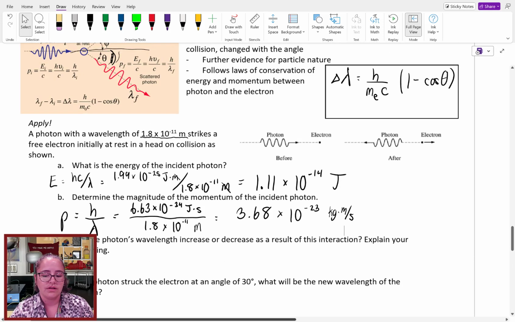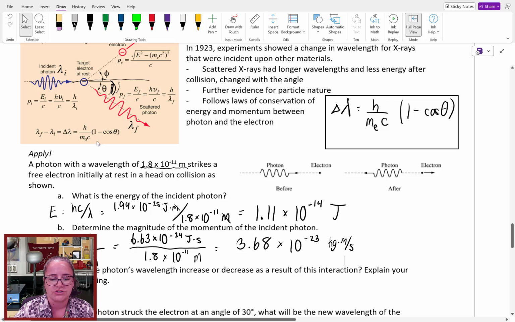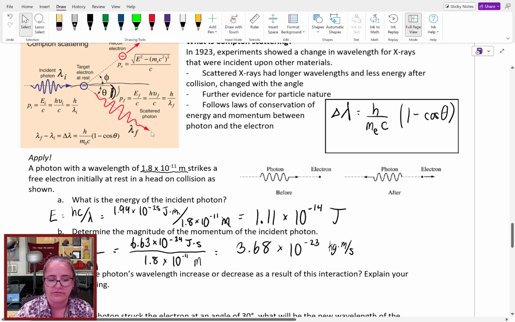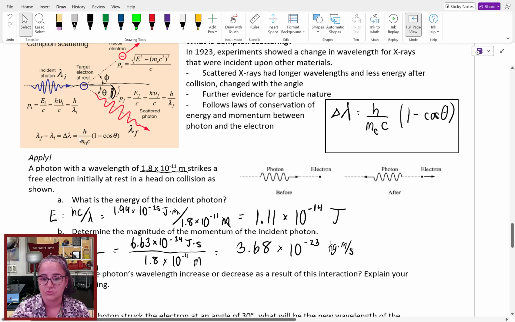Now, it has that momentum. Hopefully you guys can kind of see where these equations are coming from in terms of this change in energy. The change in that is due to the conservation of momentum. h over c is due to the change in momentum.